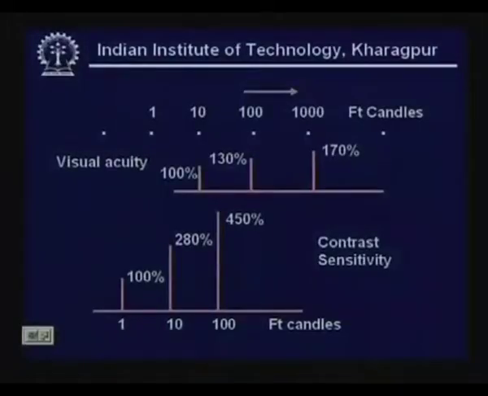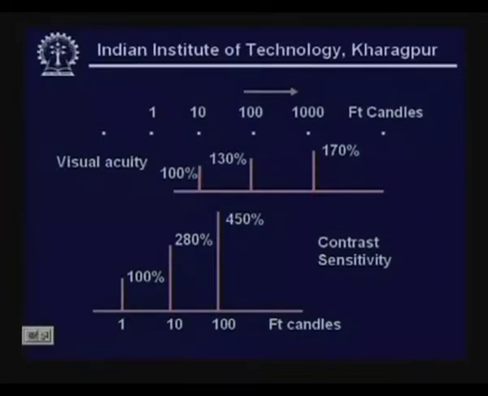So, what do we see? We saw in the previous one that visual acuity improves with increased illumination, though it does not really improve much beyond 100 foot candles, and the ability of distinguishing near close contrast also improves.